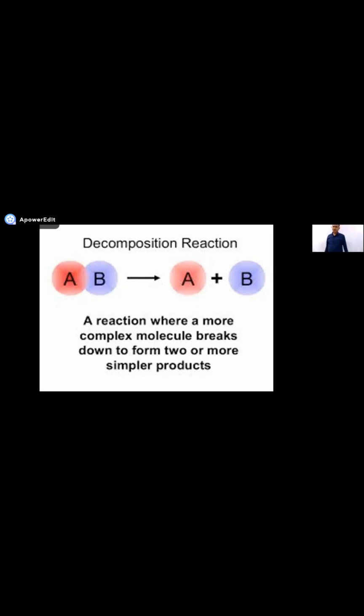What is written on the screen? A reaction where a more complex molecule breaks down into 2 or more simpler products. As you can see, AB is a compound, and after the application of some force, some technique, it is converting into A and B.